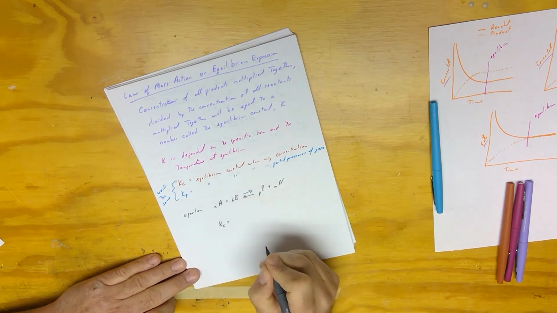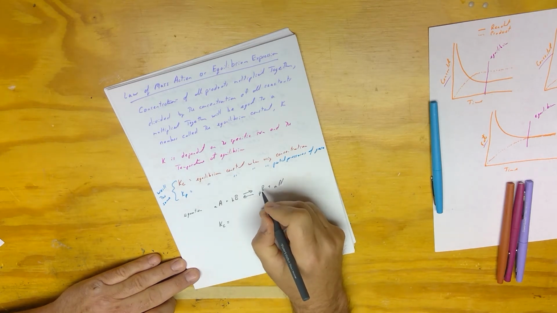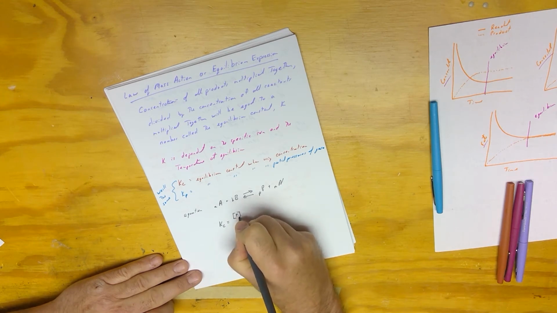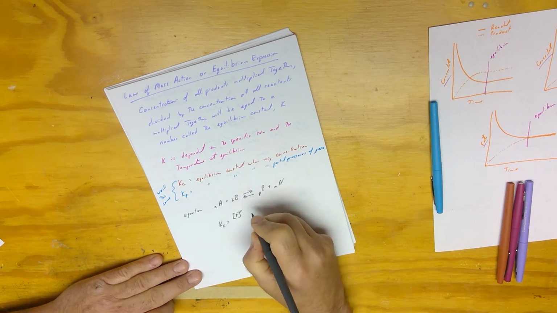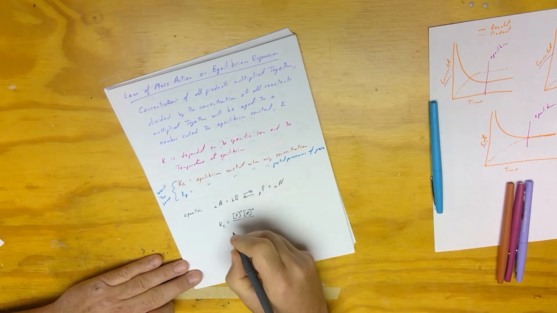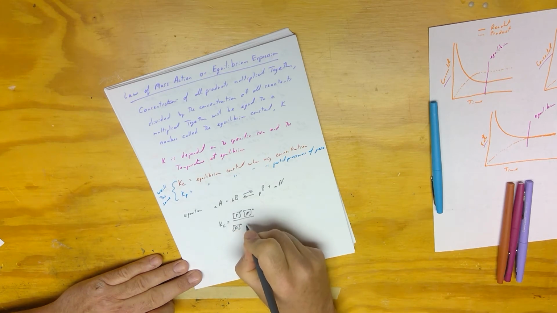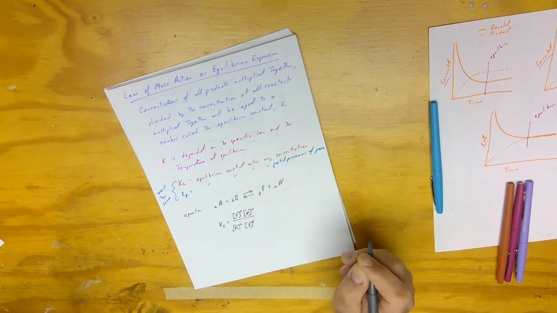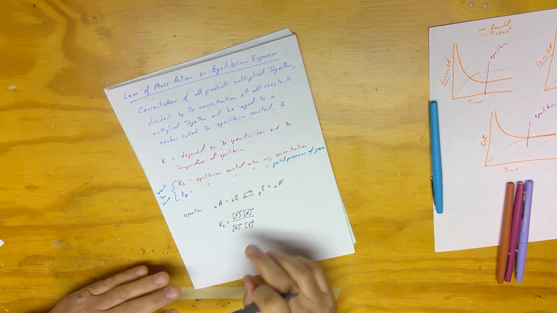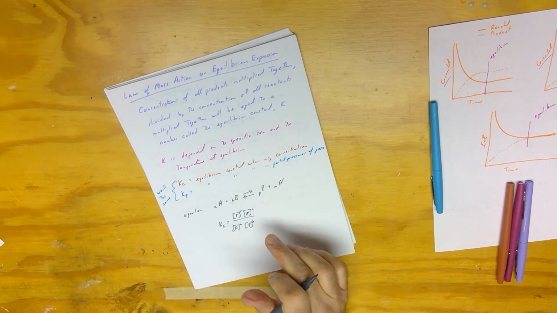Kc is going to equal the concentration of P to the p times the concentration of N to the n, divided by the concentration of A to the a and the concentration of B to the b. So this is our general formula for our equilibrium constant.